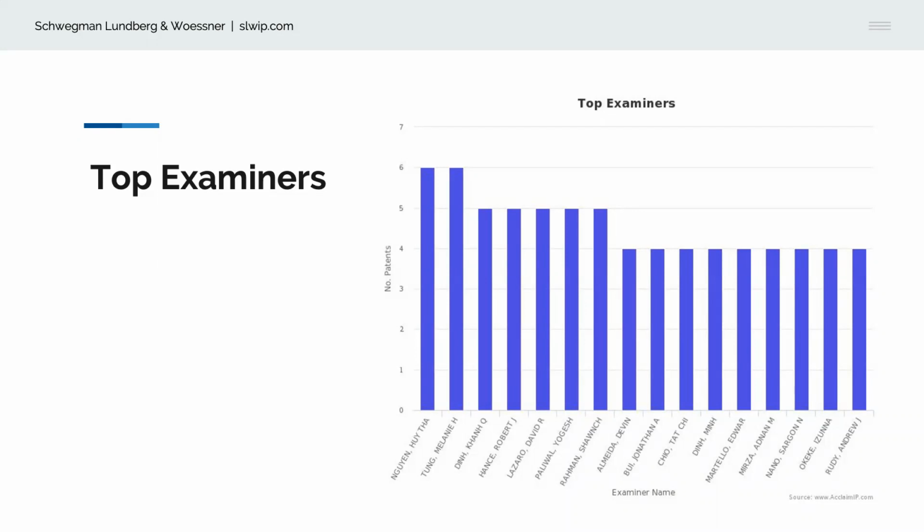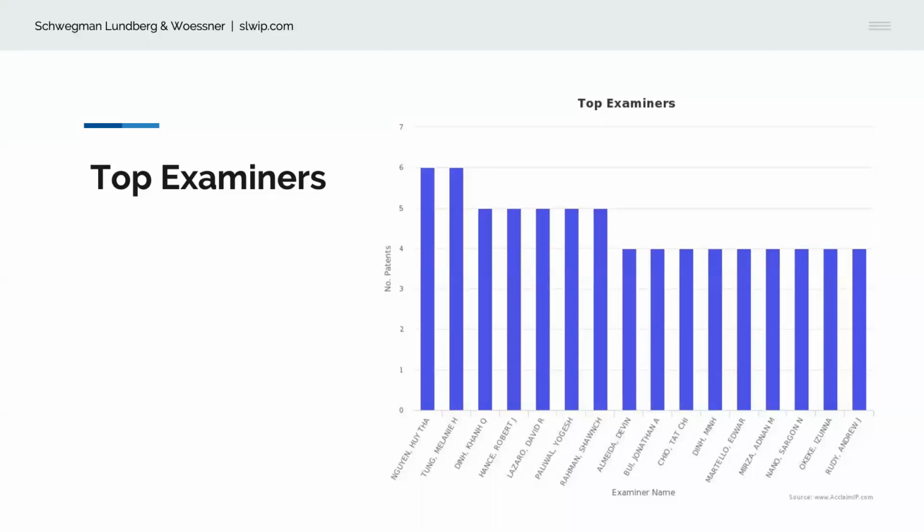But yes, there definitely is. You can see the stats: for this art unit, here is the percentage of cases allowed, and here it is for this examiner, and often there's a disparity. You'll find that the art unit has a much higher or lower allowance rate than the particular examiner you're dealing with.